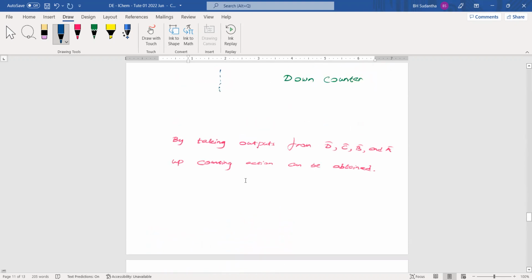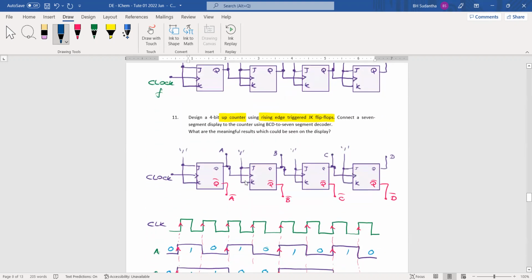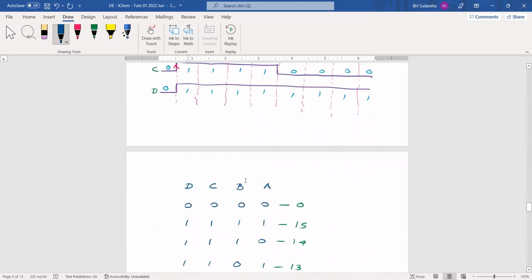But then we are asked to connect a 7-segment display using a BCD to 7-segment decoder.